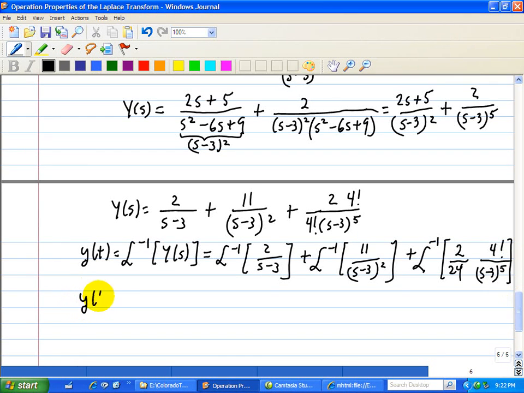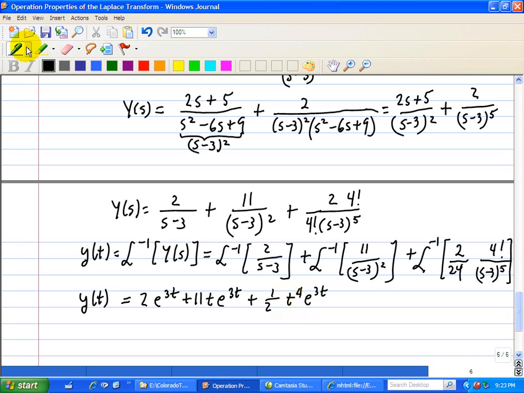Now we take this y of t here, and the first term is just 2 e to the 3t, plus 11 t e to the 3t, and the last term has 4 factorial at the bottom, so we'll simplify that to be 1/12, and that would be t to the 4th e to the 3t.